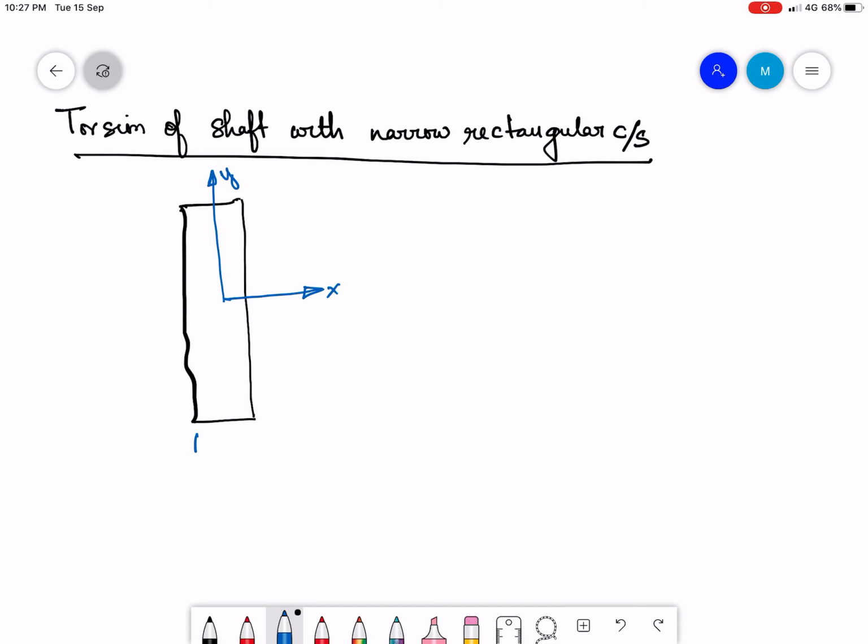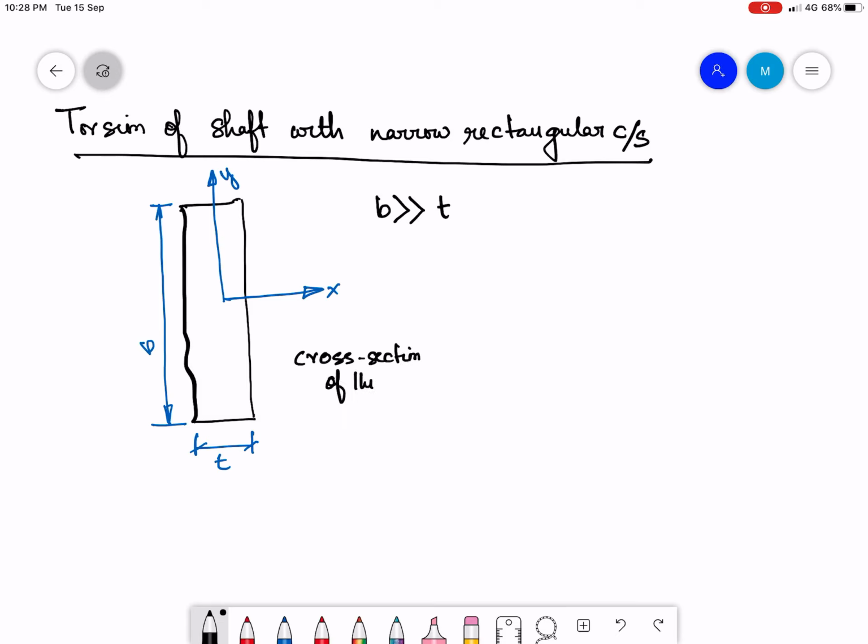The dimensions are, this is T, this is B. And B is much greater than the thickness T. Okay. So, this is the cross section.